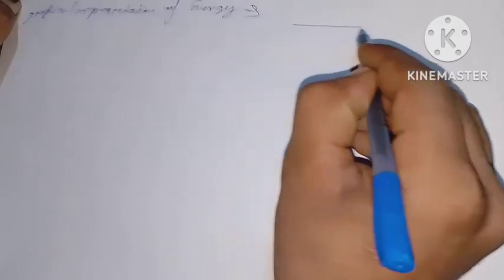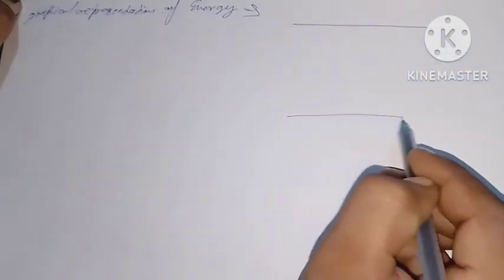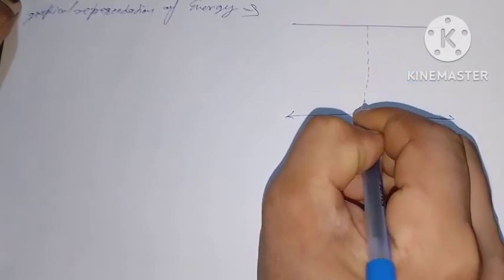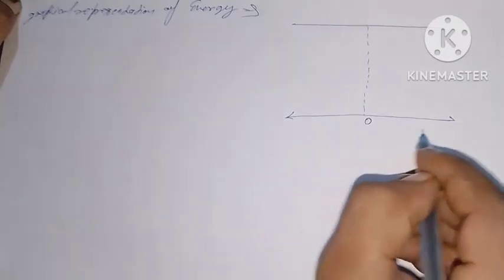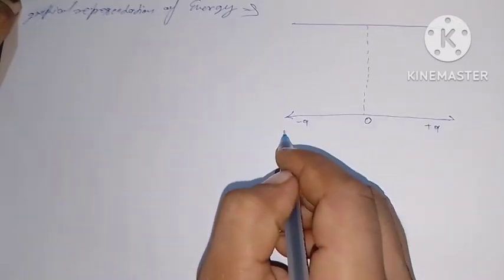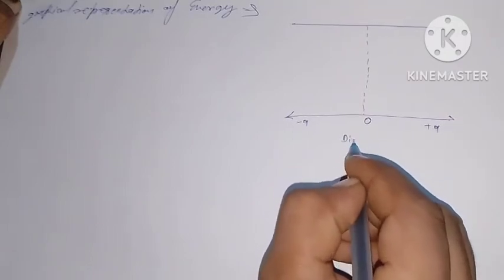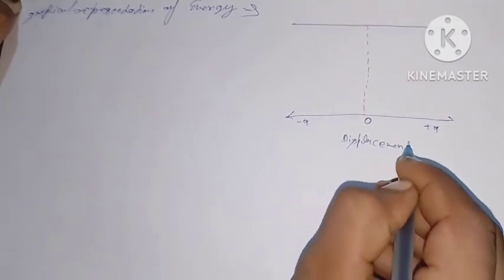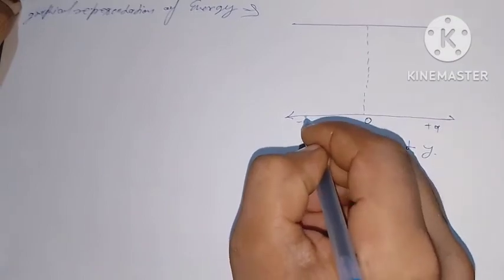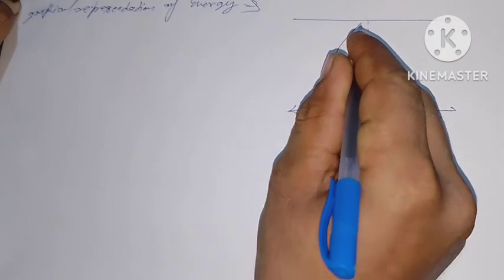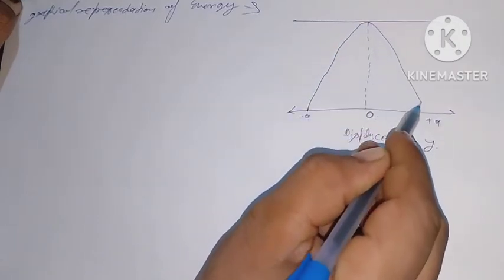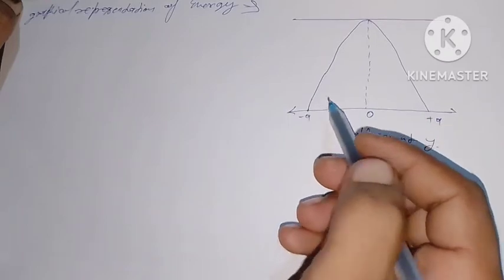Here this is the midpoint or null point, 0, this is plus a, and this is minus a, the amplitude in positive sign and in negative sign, and the displacement is y. The kinetic energy starts from minus a, goes to a maximum value, then decreases and again goes to a positive maximum value.